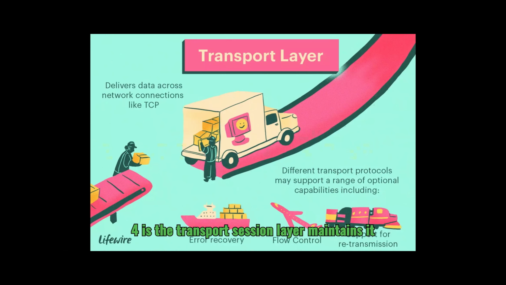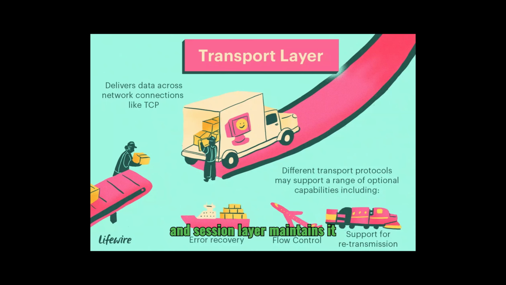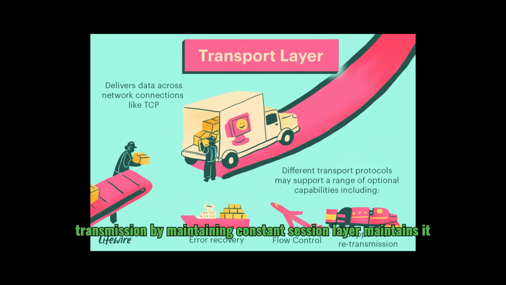Layer 4 is the transport layer. This layer is fascinating because it's responsible for selecting the protocol for data transmissions. The two most common protocols are TCP, Transmission Control Protocol, and UDP, User Datagram Protocol. TCP is connection-based, ensuring reliable transmission by maintaining constant communication between the computers.